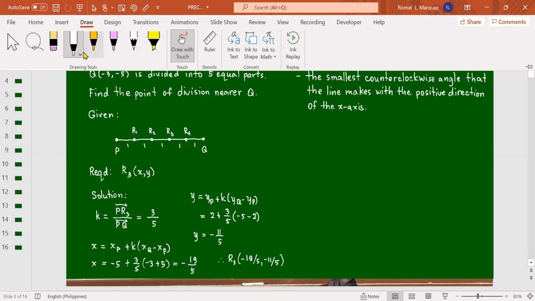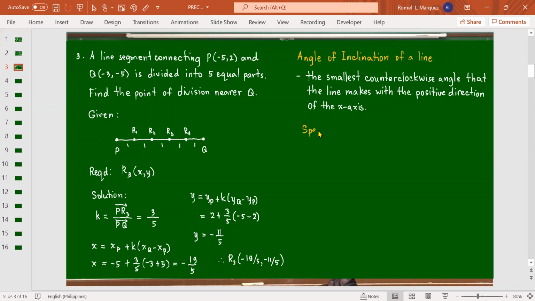So, special case, which is not covered in the definition.